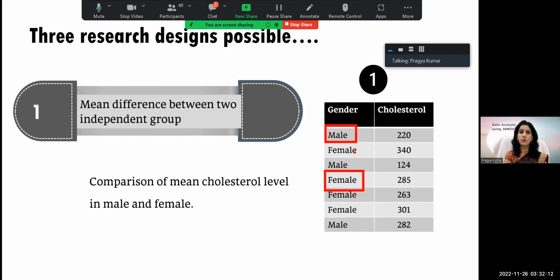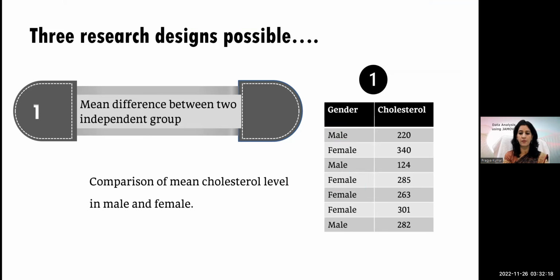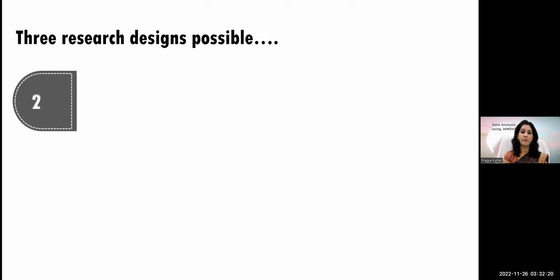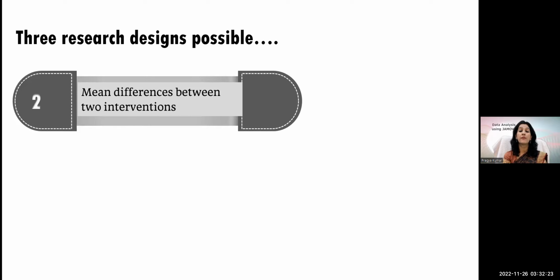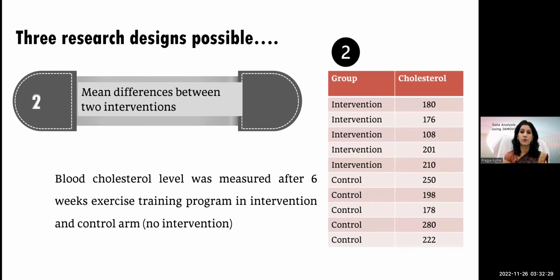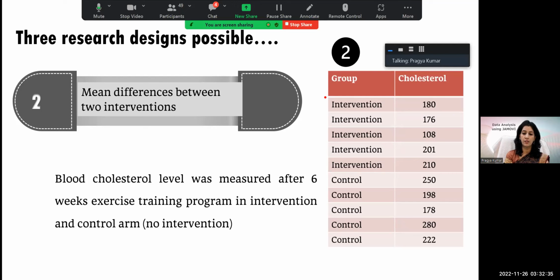So if there are two categories, we will apply the independent sample t-test. So this is one type of research design. The second type of research design can be if you want to see the mean difference between two interventions, like in case of a randomized control trial. In a randomized control trial, you have got two groups: one intervention group and one control group.